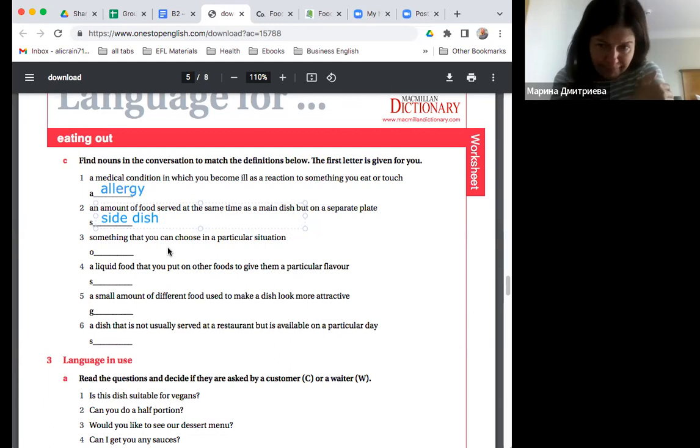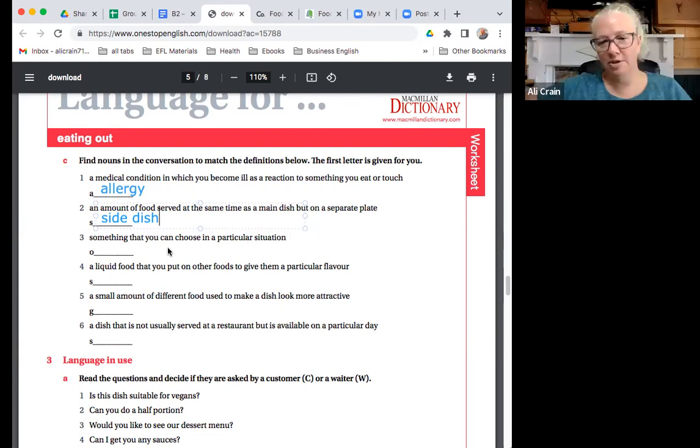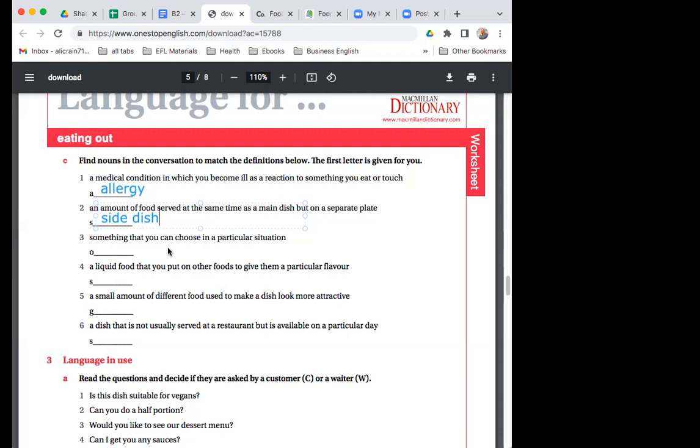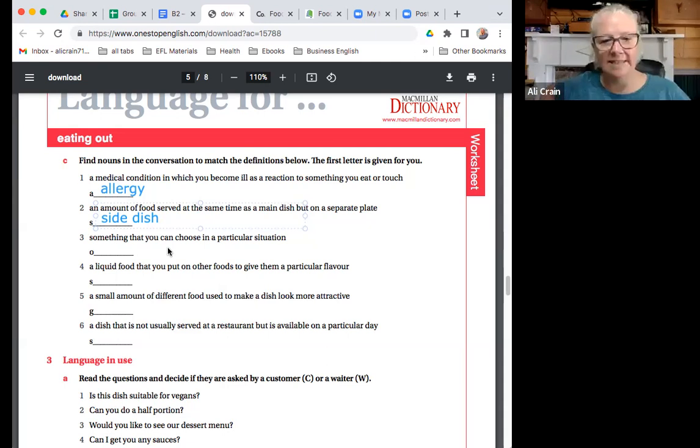It's in addition to whatever the main portion of your meal is. A salad could be a side. It could also be the appetizer as well. It depends on how the restaurant is set up, but a lot of times it will come on a separate plate if it is something on the side.